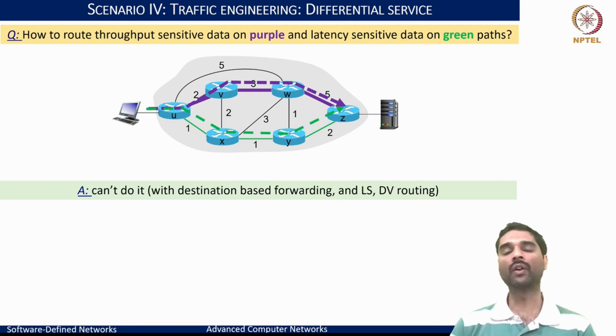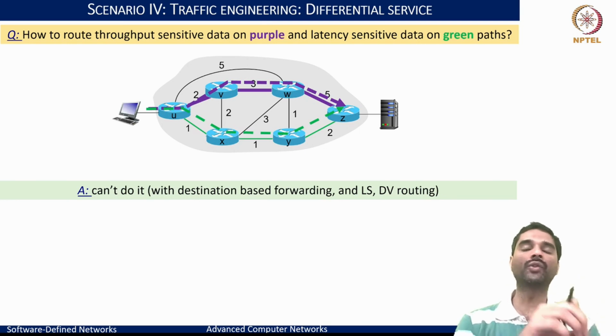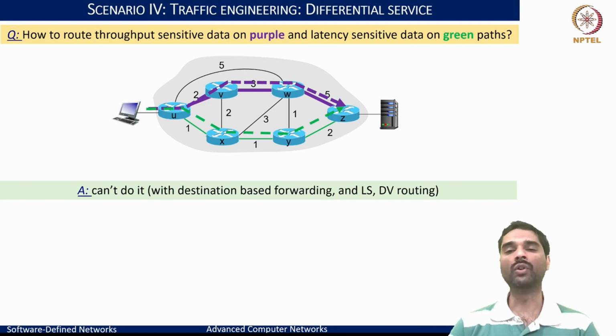Until every router in the path is able to look up not just the destination but also the diffserv field, to see the DSCP code point and honor it, you would not be able to achieve it.